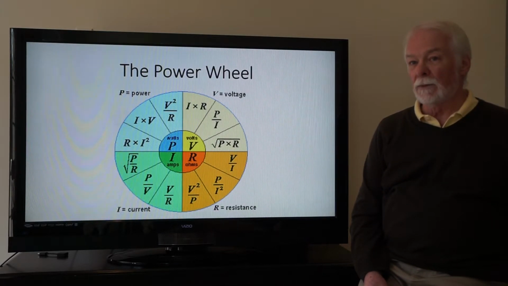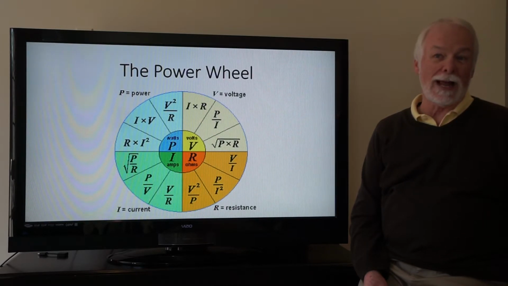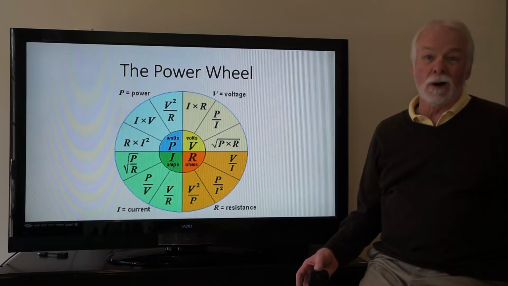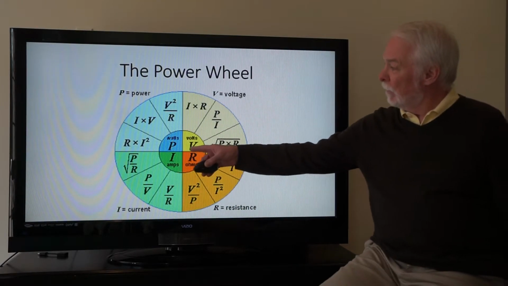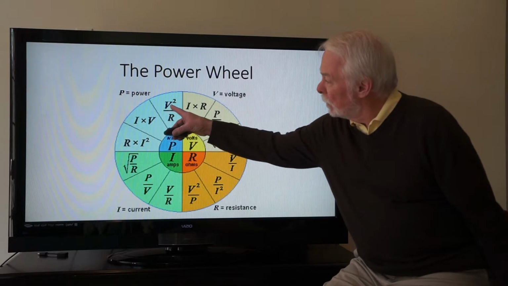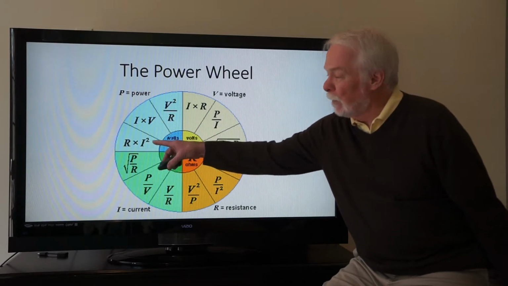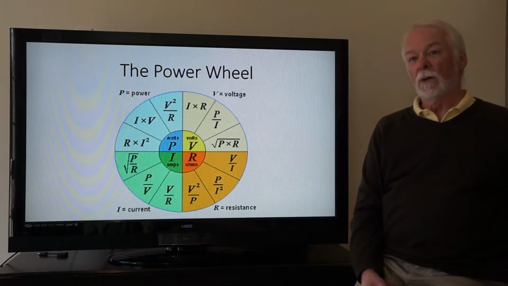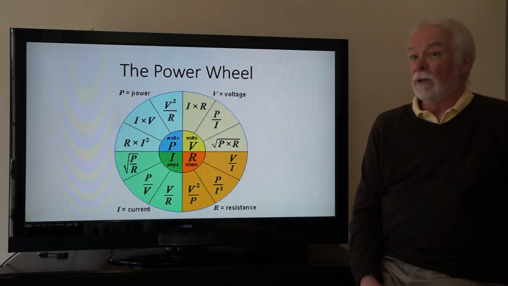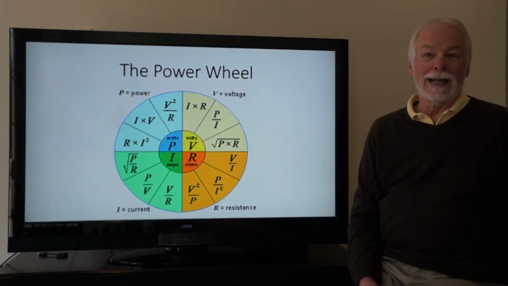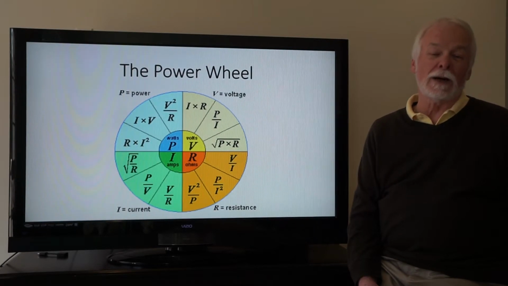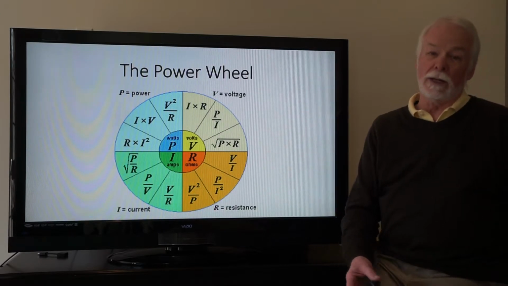So, for example, if you want to find P and you happen to know R and I, your current and resistance, you just look at the 3 formulas and you see which one has both of the quantities that you know, and you know now you can use I squared R. And what it does for you is very often it'll save you having to use 2 formulas because it's already combined them for you.